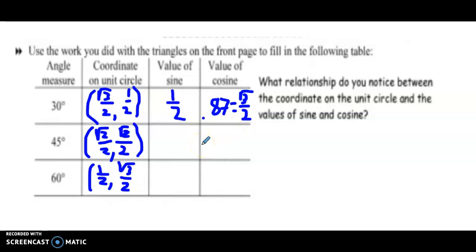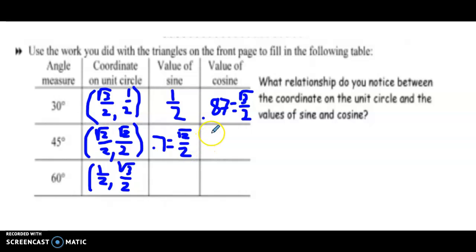Now, another way you could look at it is if you did the sine of 30, you could look back at your triangle and do opposite over hypotenuse, and you would get these same values. So anyway, the next one, 45: the sine of 45 is 0.7, which is the same as the square root of 2 over 2.